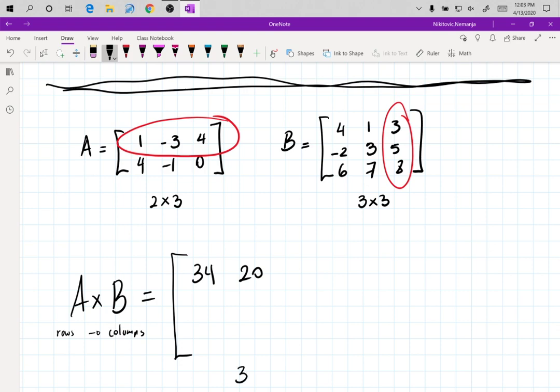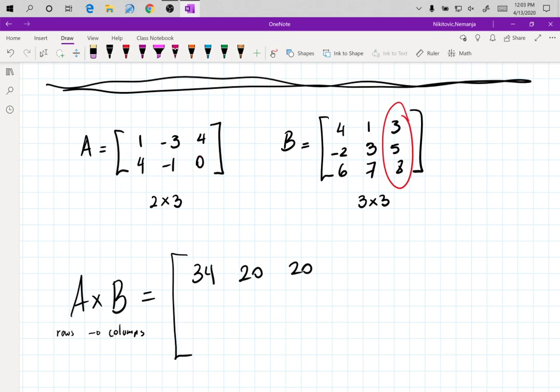One times 3 is 3. Negative 3 times 5 is negative 15. 4 times 8 is 32. And that's going to give me 34, 20, 20. Another 20. Wow. Okay, fine.